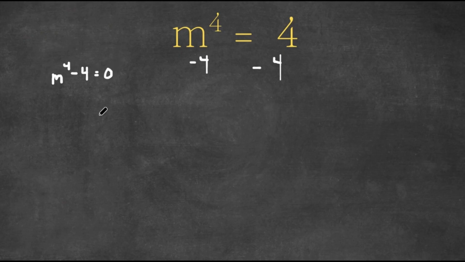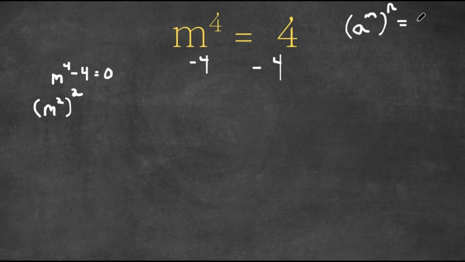So now what I'm going to do is I'm going to change m to the power of 4 to m squared to the power of 2. Because remember, if we have something in the form a to the power of m to the power of n, this is equal to a to the power of m times n.